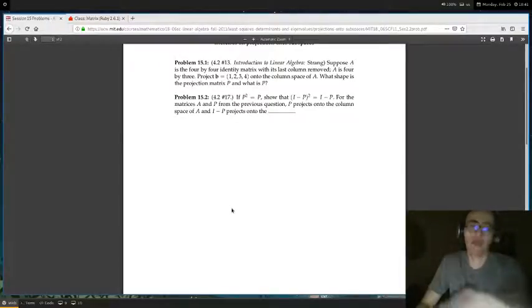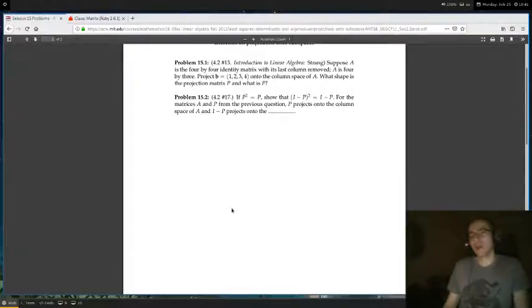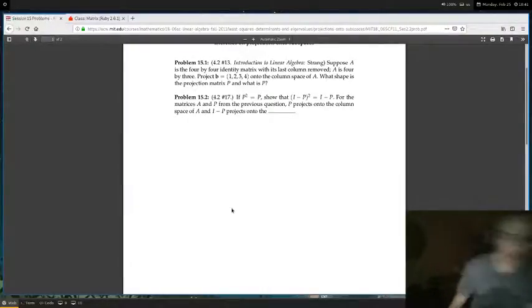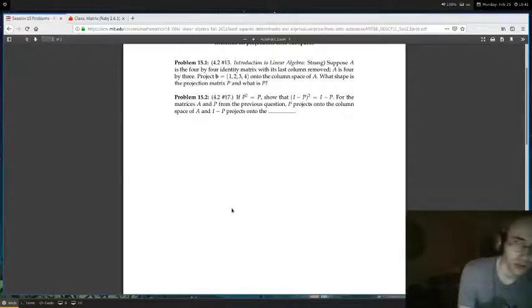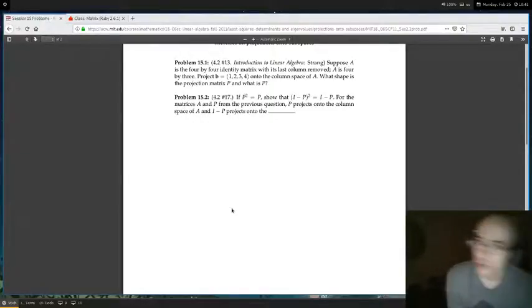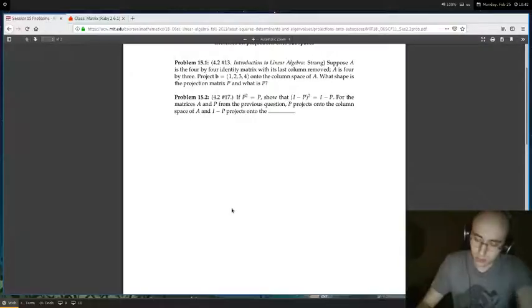The last part is something the guy from recitation already told us: if P projects onto the column space of A, then I minus P projects onto the left null space, because it projects onto the normal to it.